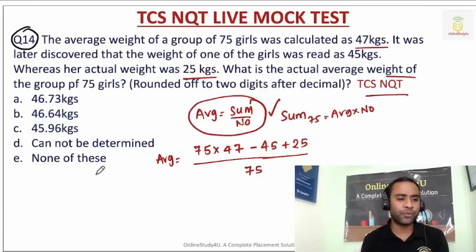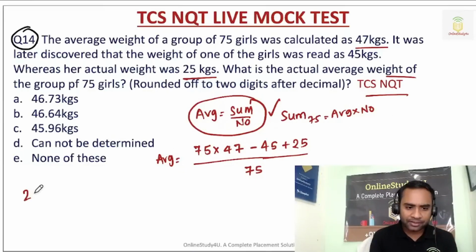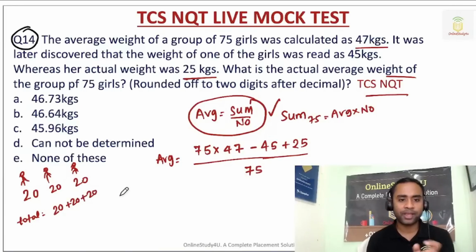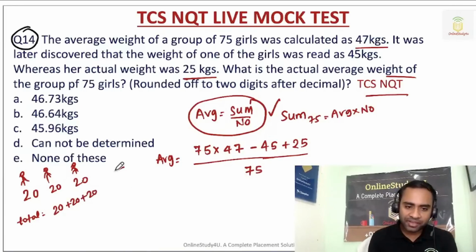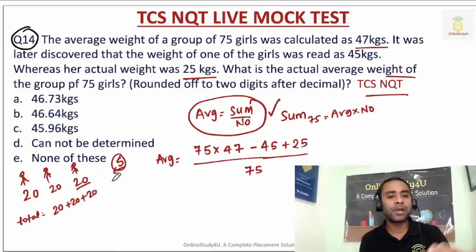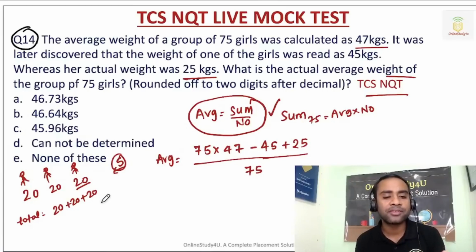Now please try to understand a bit. Suppose there are three girls, and I read their weights as 20, 20, 20. So what will be the total weight? It is 20 plus 20 plus 20. Very good. But then somebody said, sir, the last girl's weight was 5 kg only, but you have added it as 20.